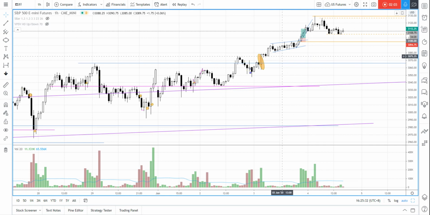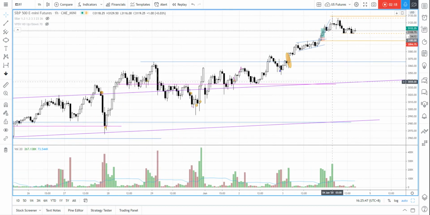But yesterday's session was very bullish and didn't really have any decent pullback. In fact, it just broke out straight after this range here. So yesterday was a bullish day, and everything looks fine.